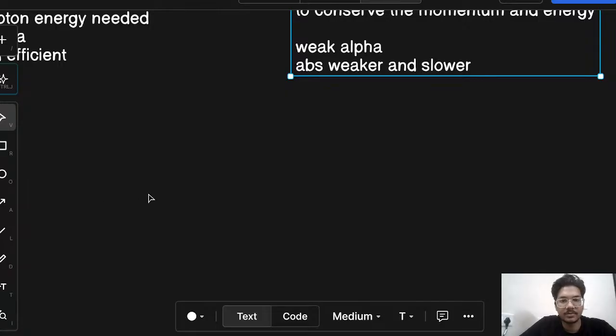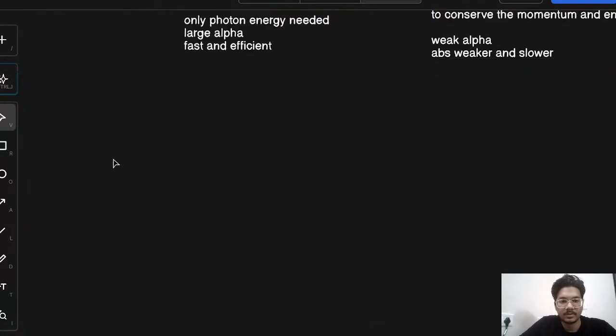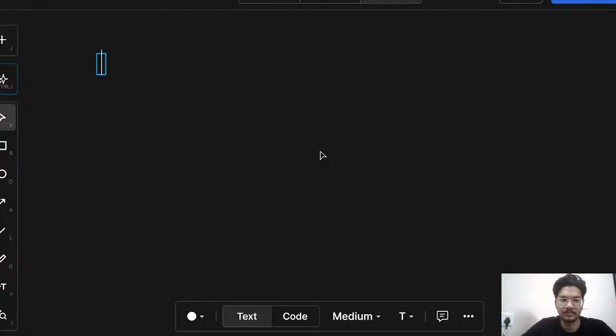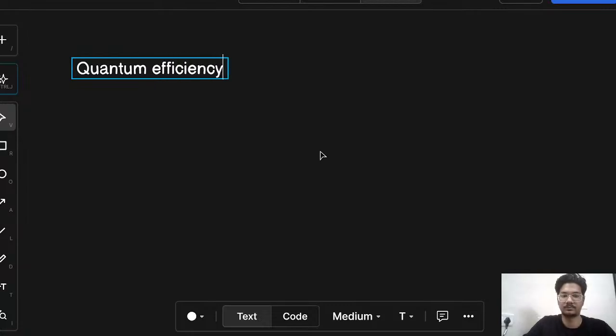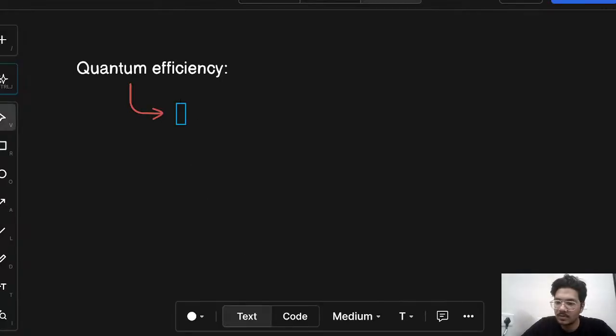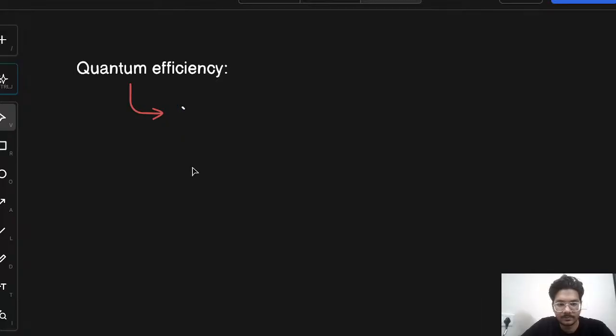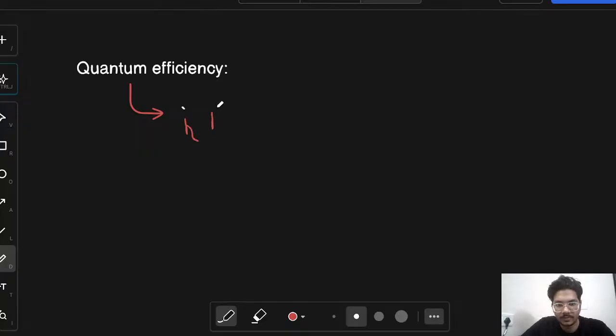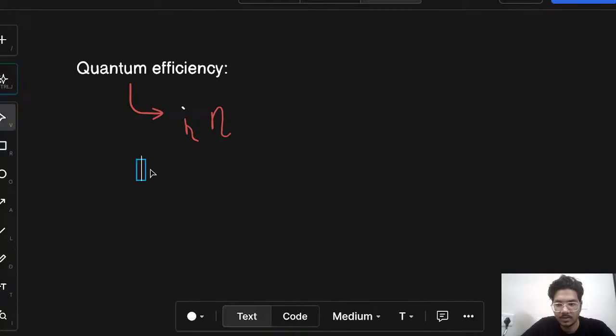Now we have to see what quantum efficiency is. Quantum efficiency is denoted by eta. It is the most important performance parameter of the photodiode or optical detector.